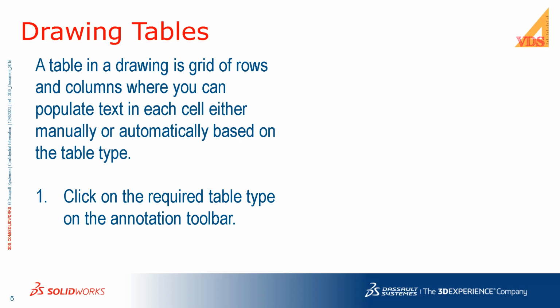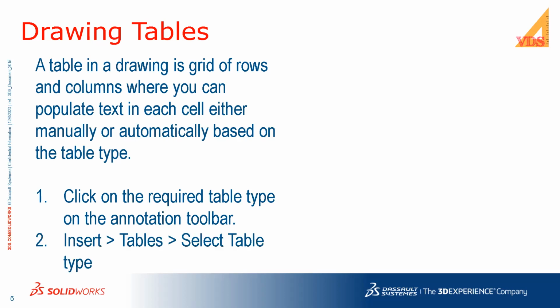We can click on the table type on the annotation toolbar. I have customized my annotation toolbar to put the various drawing tables which we are going to discuss today. The ones we are going to discuss today are the ones which are often used by the industry.